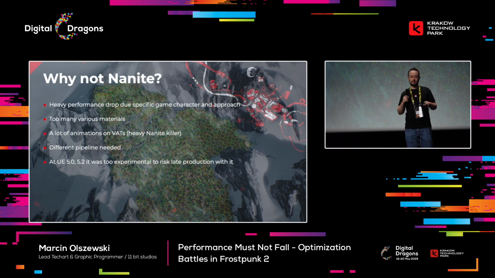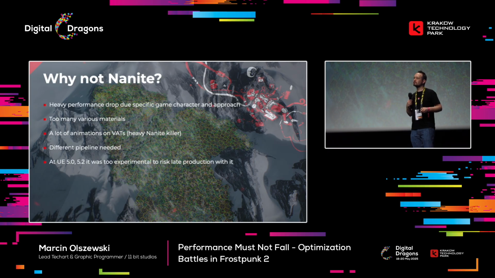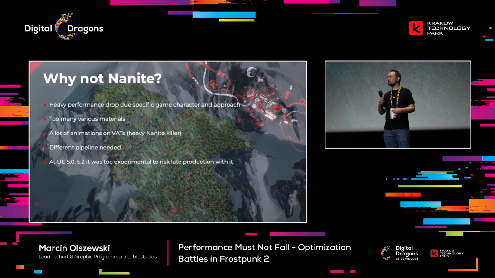Next thing is that most of our buildings have VAT animations, so a lot of vertex offsets, a lot of animations, movement, and so on. It also kills Nanite. So it was quite heavy to make it feasible for our pipeline, also because it was quite a late moment. We tested it around 1.5 years ago, or maybe 2. So we were close to closing Frostpunk 2.